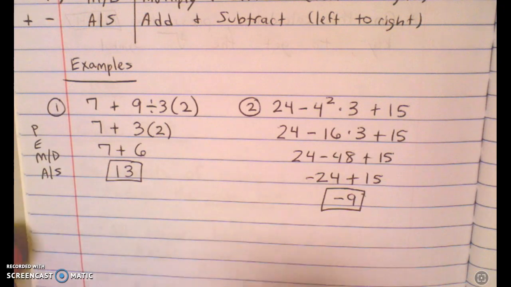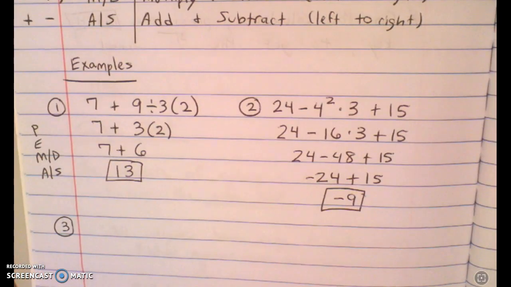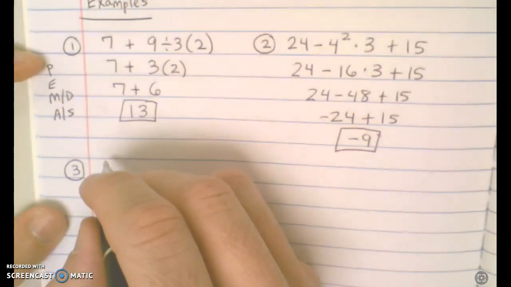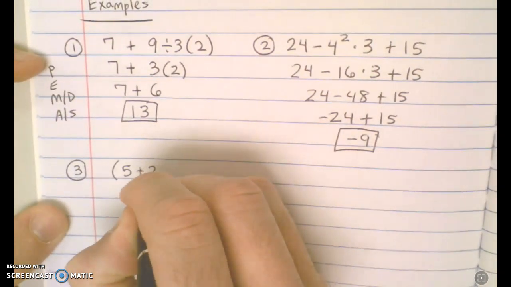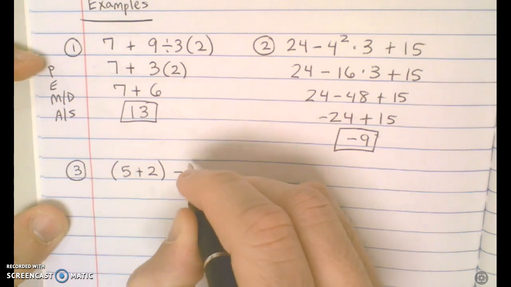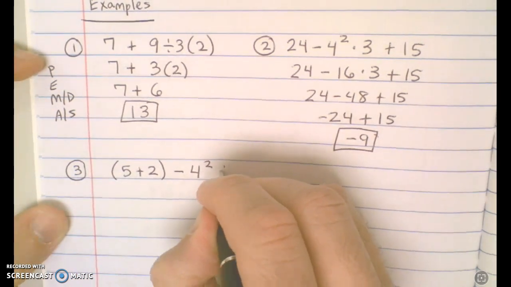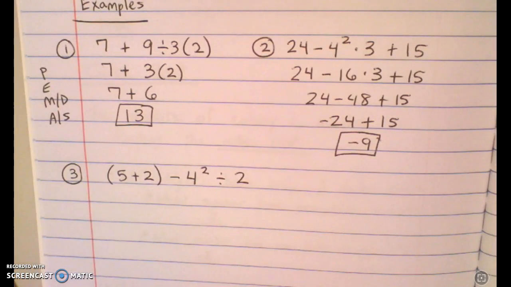Okay, let's look at a couple more examples. Okay, so for number 3, I've got parentheses, exponents, and division.